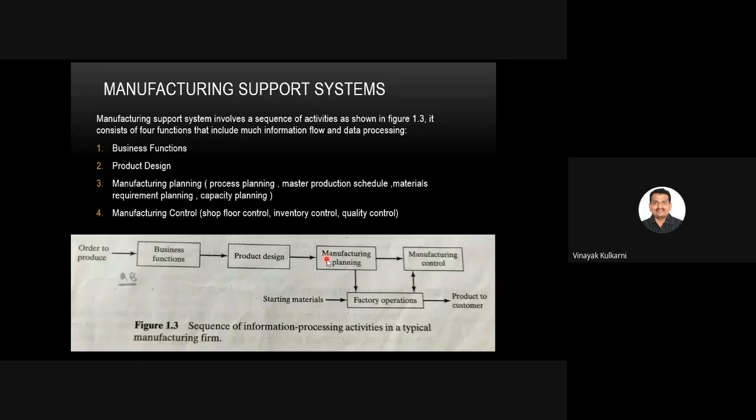The information and documentation that constitute the product design flows into the manufacturing planning function. The information processing activities require all these four plannings. The first is the process planning. It consists of determining the sequence of individual processing and assembly operations needed to produce the part.